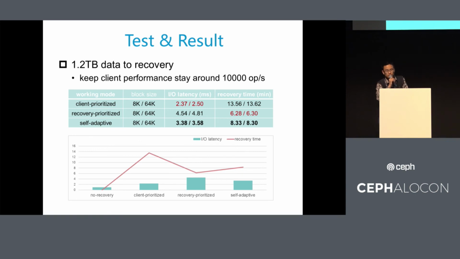As expected, the I/O latency is minimal in the client prioritized mode, but it takes over 30 minutes to complete data recovery, while it's just about 6 minutes in the recovery prioritized mode.